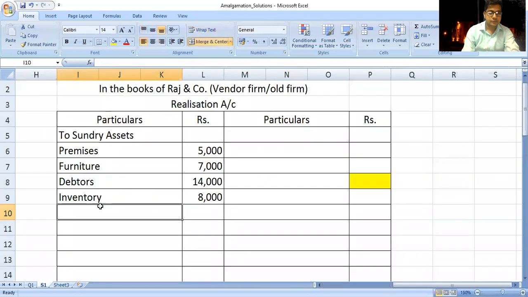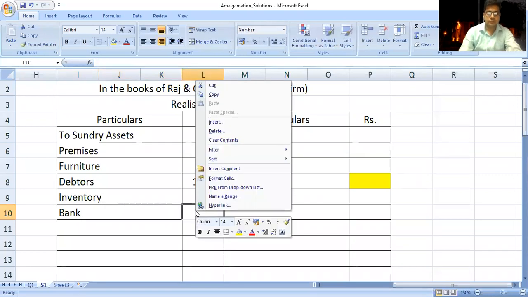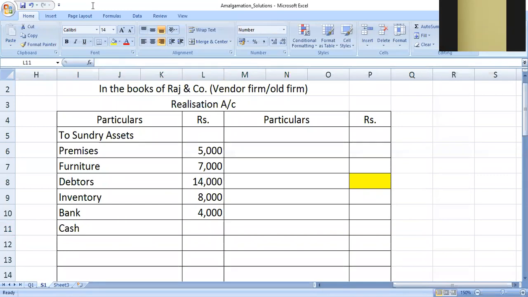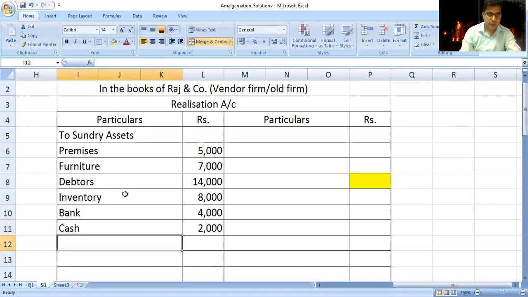We will write here bank 4,000, cash value they are provided 2,000. After recording assets, the realization account is debited to sundry assets account, and all assets we transfer to the realization account.